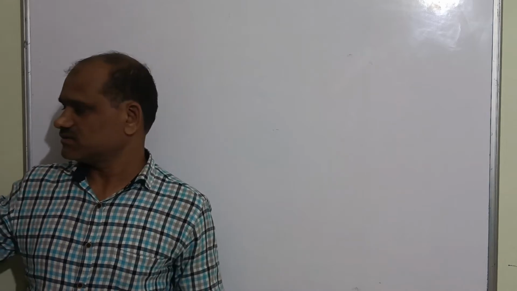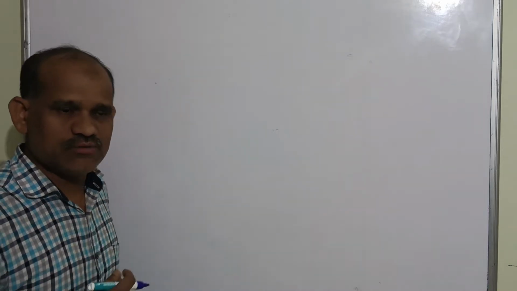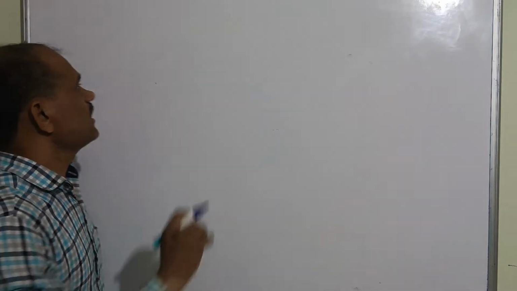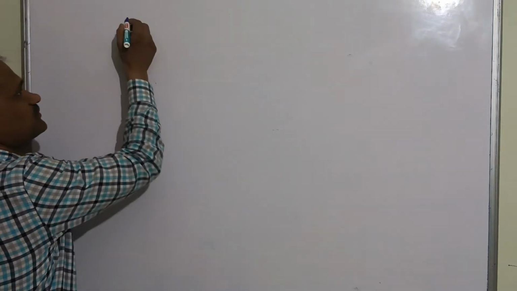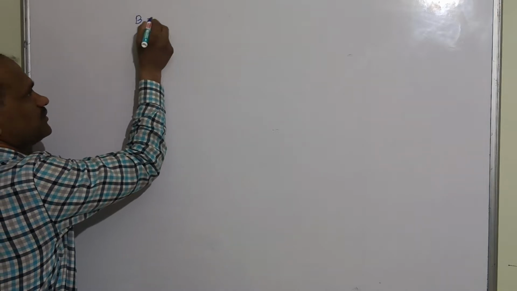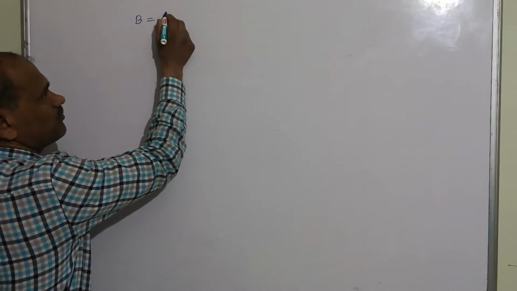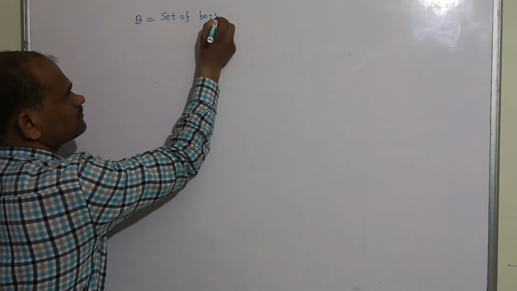Before discussing it, we are going to discuss some basic concepts. Everybody knows what is meant by a set. I am taking here an example of two sets. This is set B, the set of boys.